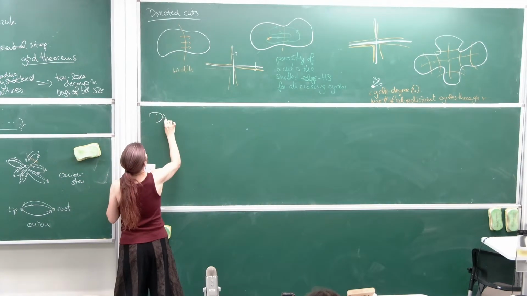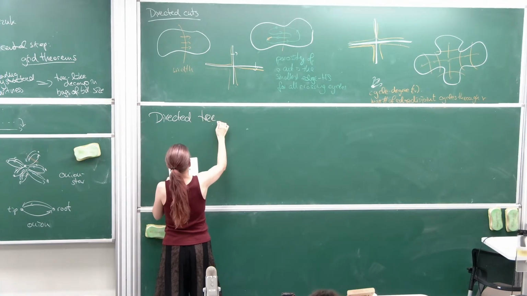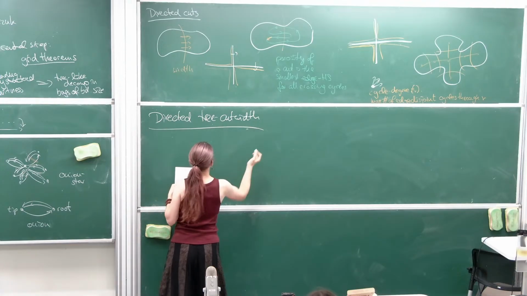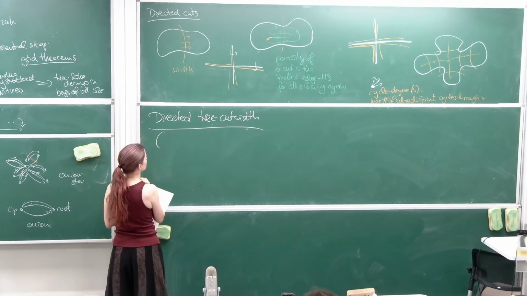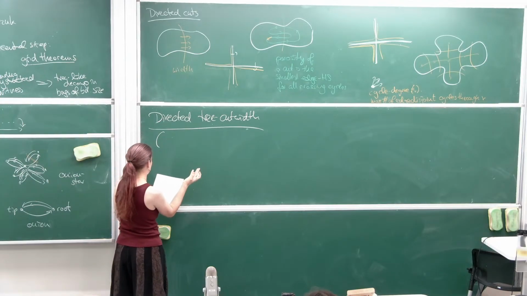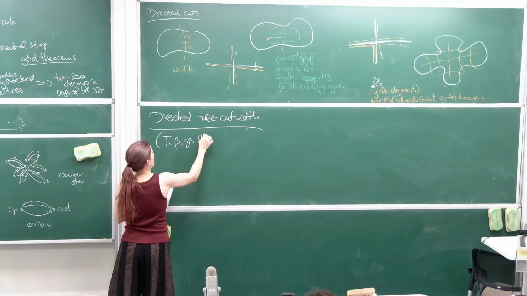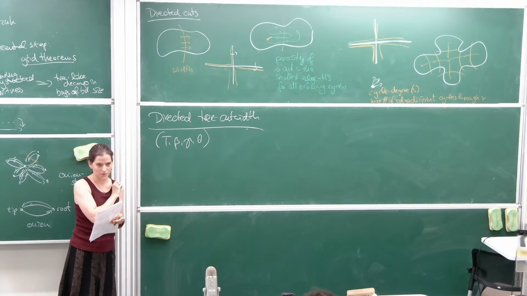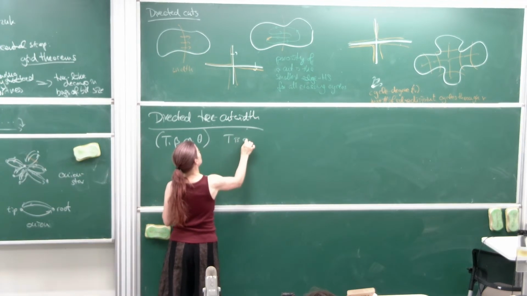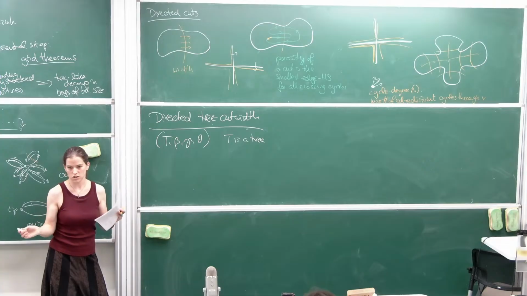So let me define the actual directed tree-cutwidth that we in the end ended up with. So we have a tree and three functions. No demand on the degree of the tree at all, it's just a tree.